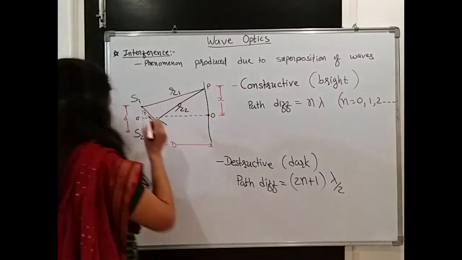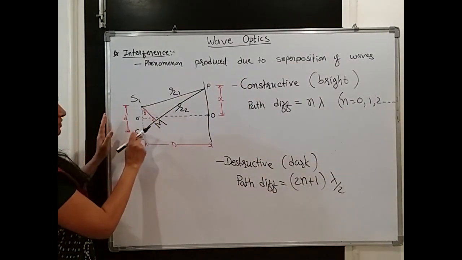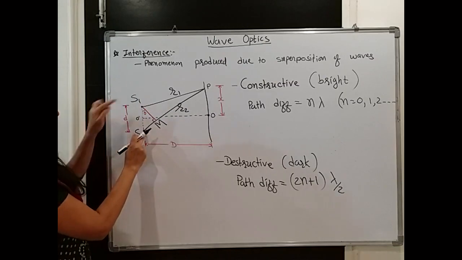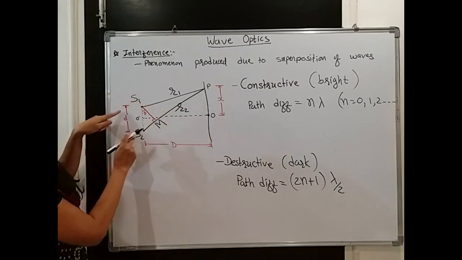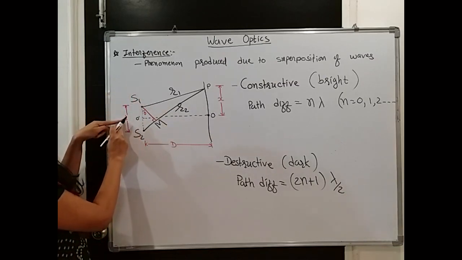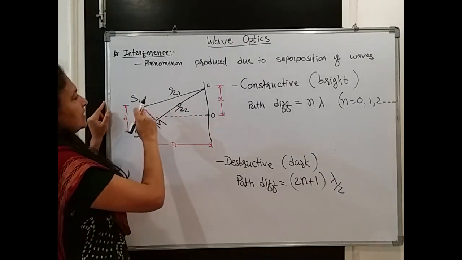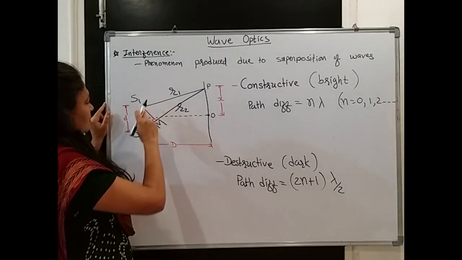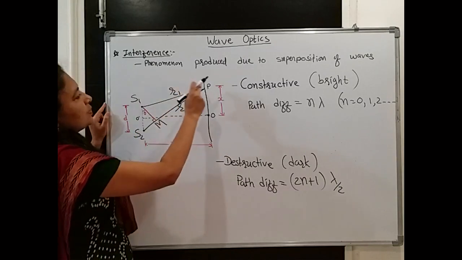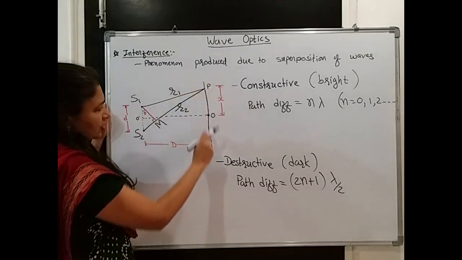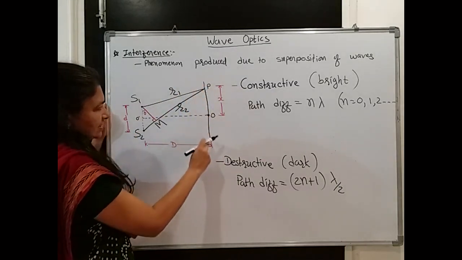You know that here we have two sources S1 and S2. The two sources are separated by distance d, and the waves emitted from S1 and S2 superpose at point P on the screen. This one is the screen.